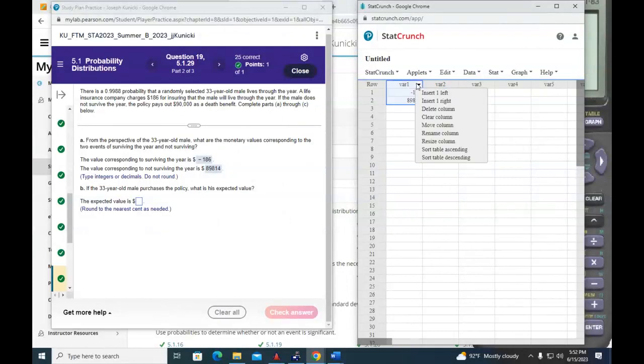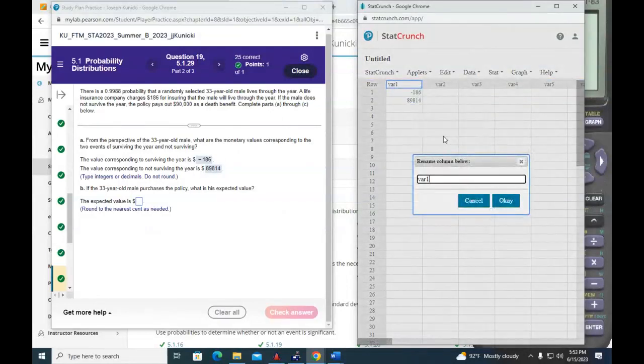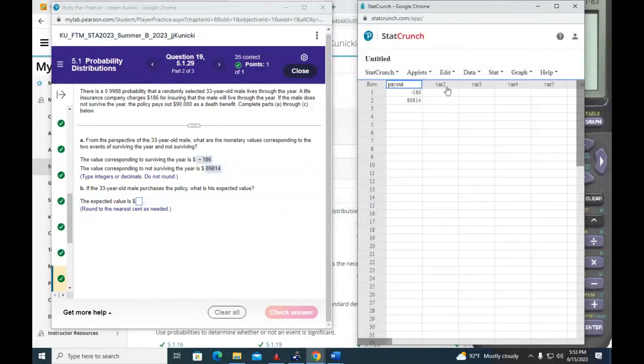You could rename the column. So what's the probability of living through the whole year? 0.9988. And what's the probability of meeting your demise? 0.0012.